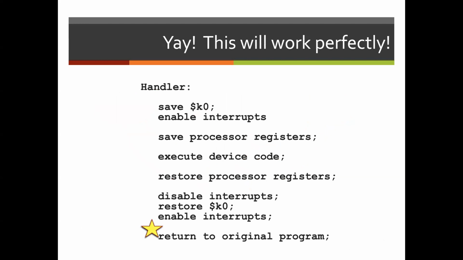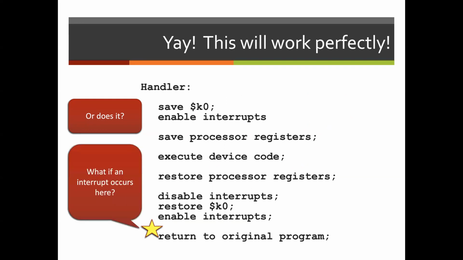And so in essence, what does this do? We have our handler able to save the state of K0. It can enable interrupts. It can execute the appropriate device code. We want to restore our processor registers, disable interrupts, restore the value in K0, enable interrupts, and then return to our original program.